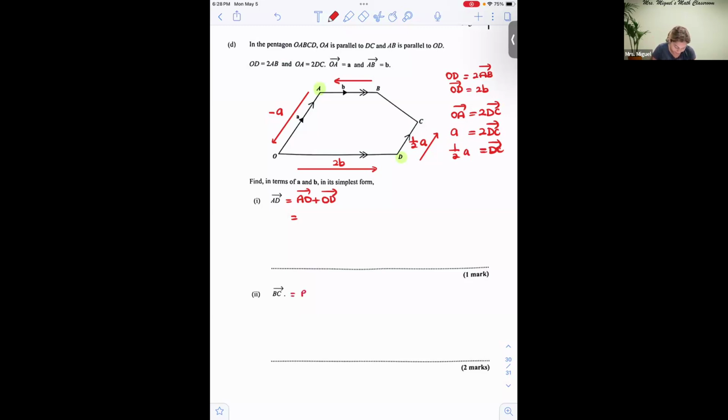BC would be BA plus AO plus OD plus DC. And you recognize the level of difficulty, right? Because the first part, you only had to work out 2 lengths there. So that's 1 mark compared to the second part, which is 2 marks.